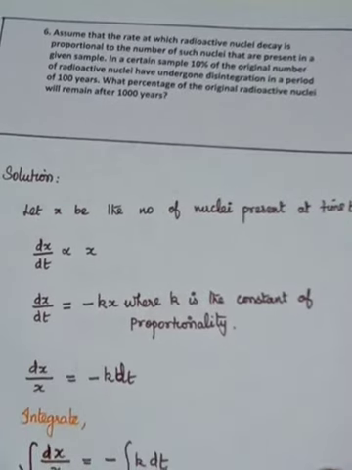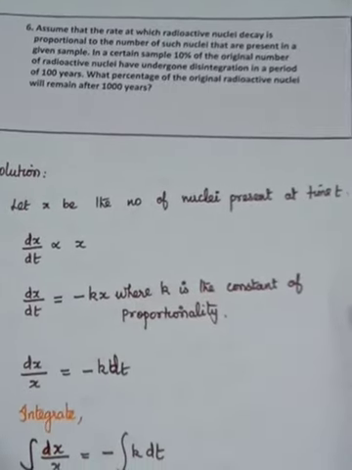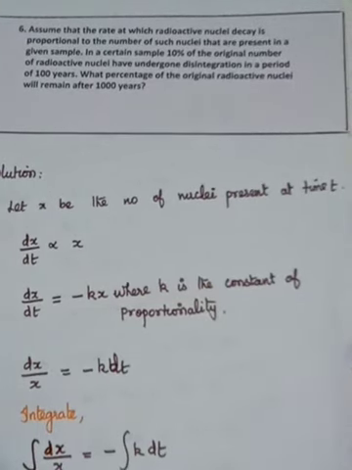Assume that the rate at which radioactive nuclei decay is proportional to the number of such nuclei that are present in a given sample. In a certain sample, 10% of the original number of radioactive nuclei have undergone disintegration in a period of 100 years.